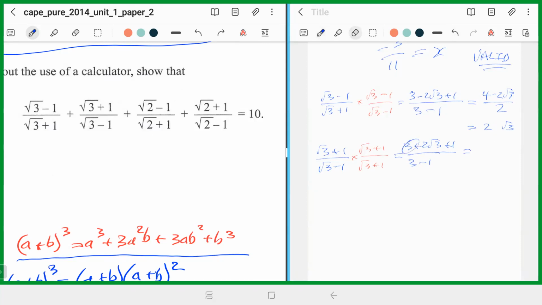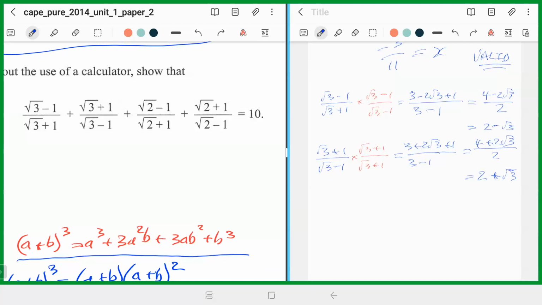It's supposed to be a minus. Right, that is a minus. So this actually becomes 4 plus 2 root 3 over 2, which then becomes 2 plus root 3. So this one is already out of the way.